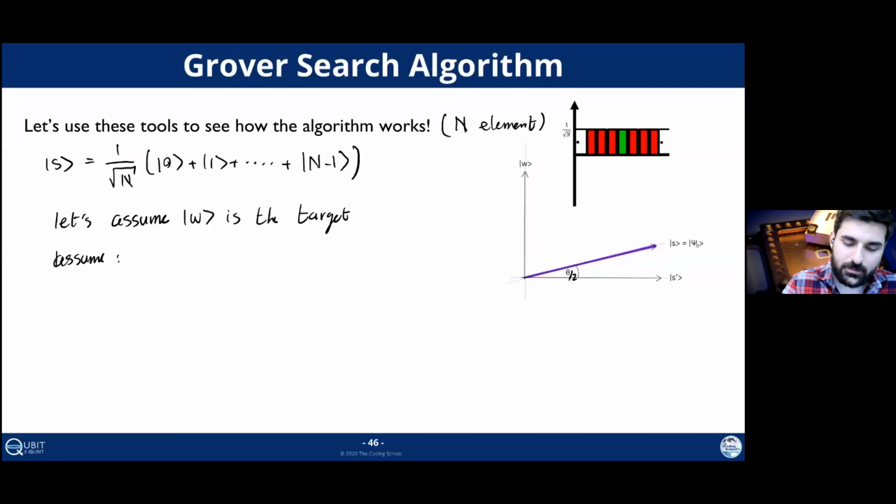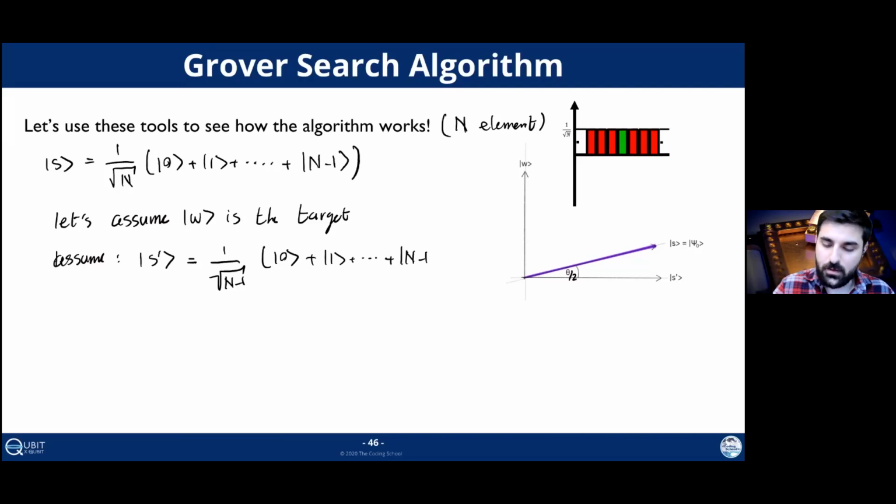I'm going to call that the S prime state that you see here, and I'll explain the plot to the right in a moment. S prime is going to have n minus 1 elements, everything that is not W. I can show that as a superposition with n minus 1 elements of 0 plus 1 all the way to n minus 1, but now not including W.